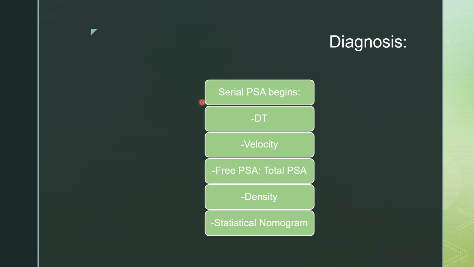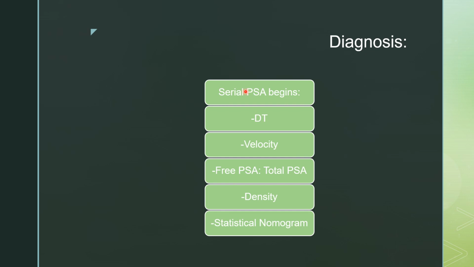Okay, we've taken the sample. The PSA result is back. It's giving me concern, but not so scary. Then serial PSA will begin. First things first, we need to have a baseline of the PSA value recorded today.